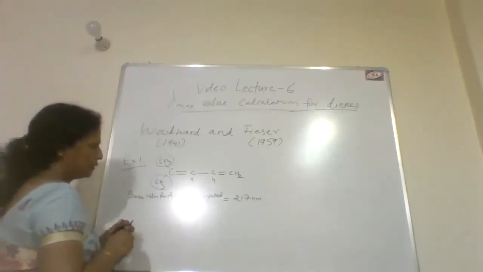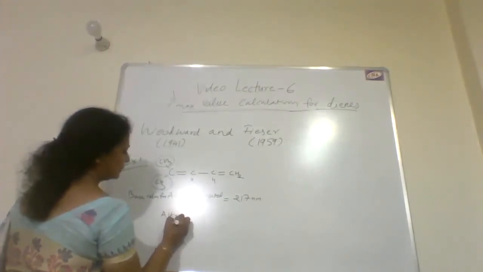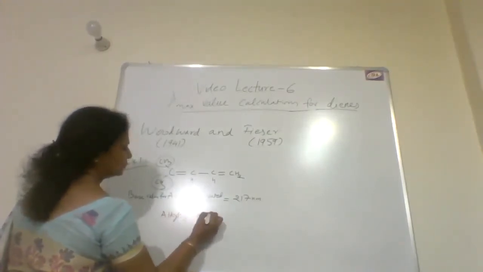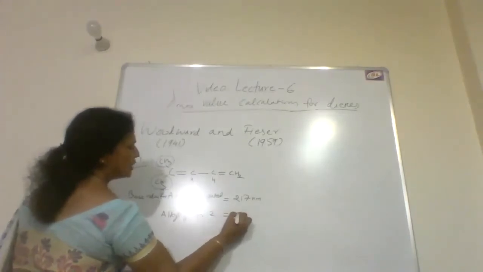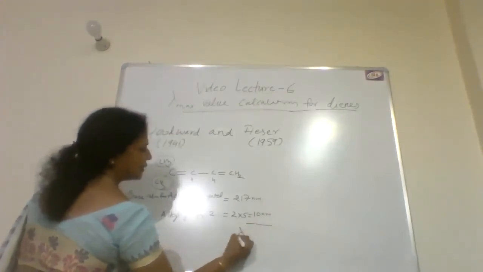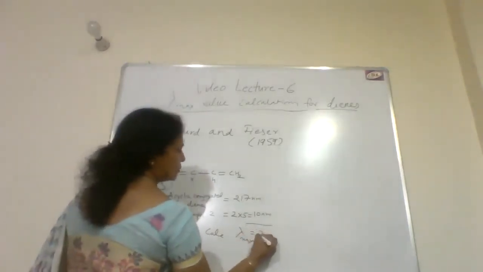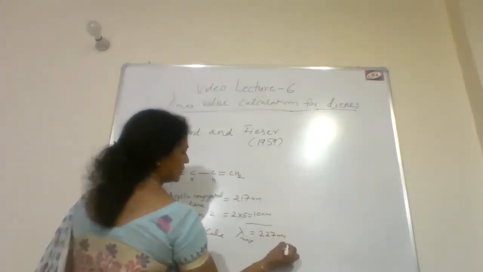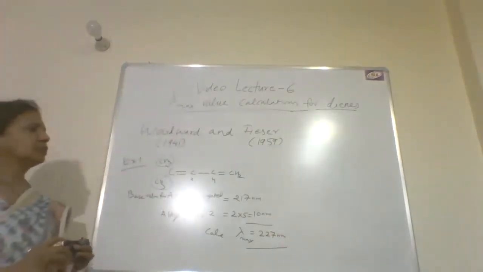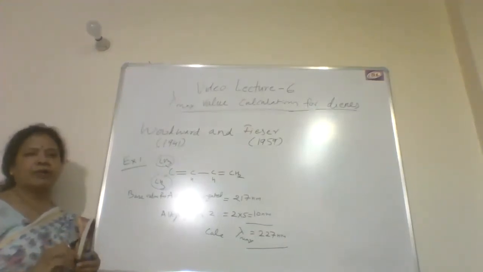So 2 multiplied by 5 is 10 nanometers. The calculated lambda max value will be 227 nanometers. We do not have to remember the observed or practical value of lambda max; it is given in your numerical or in the literature.